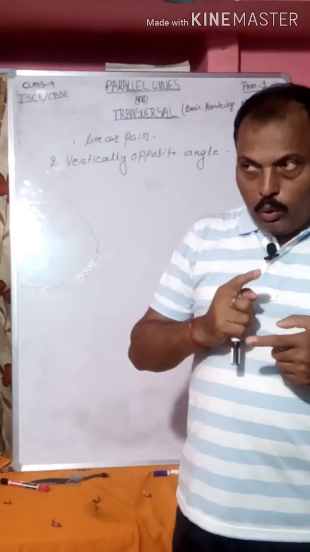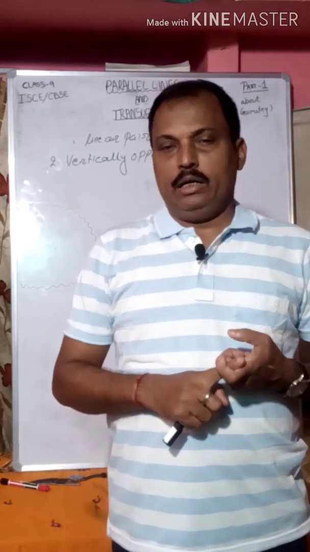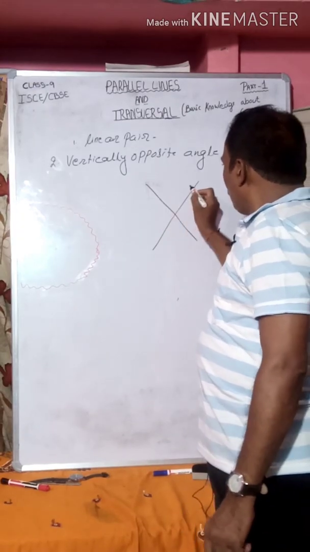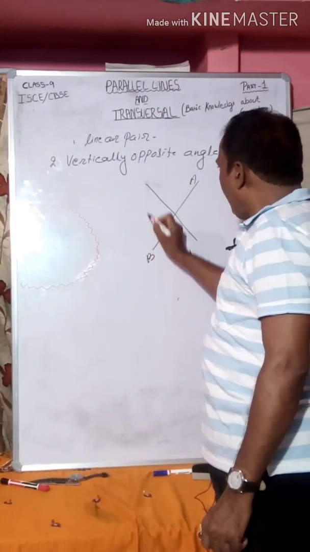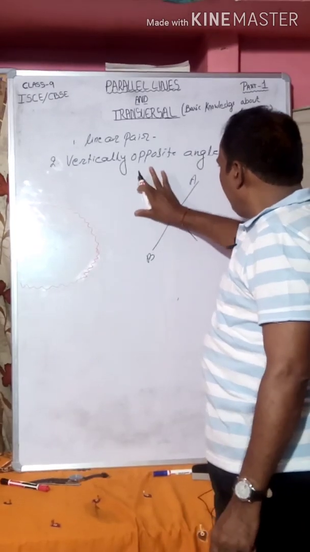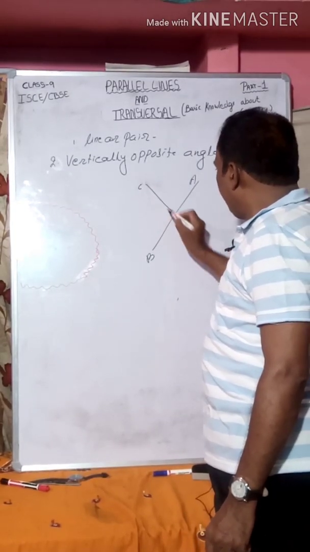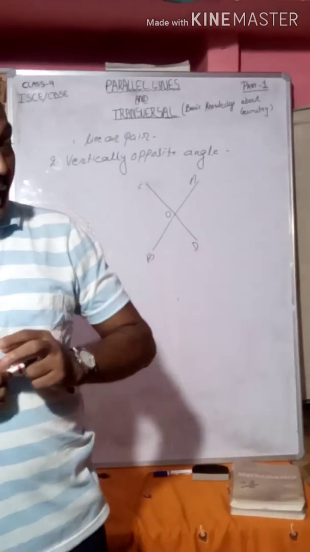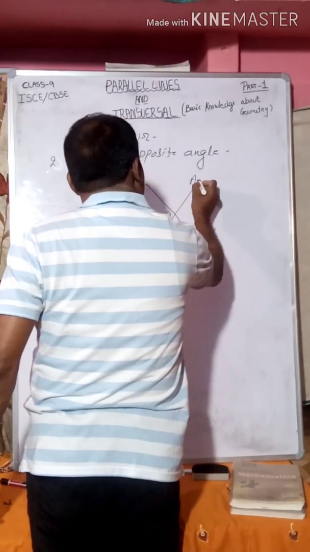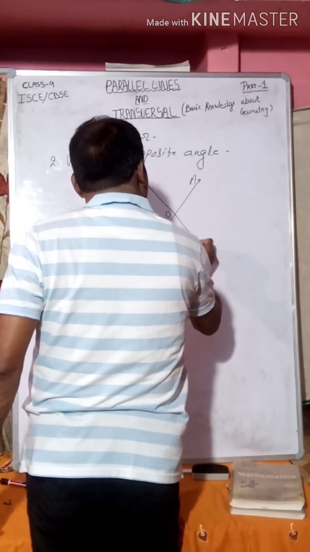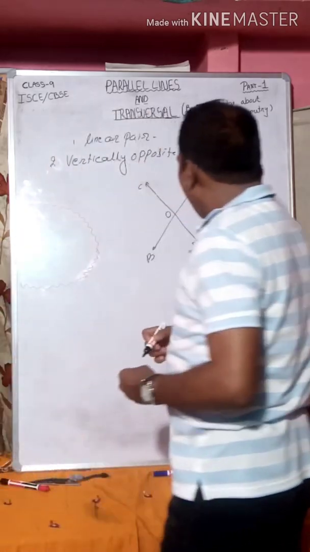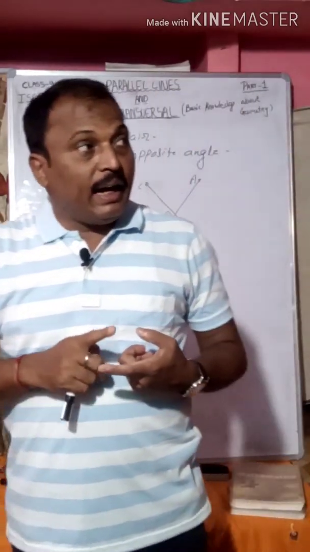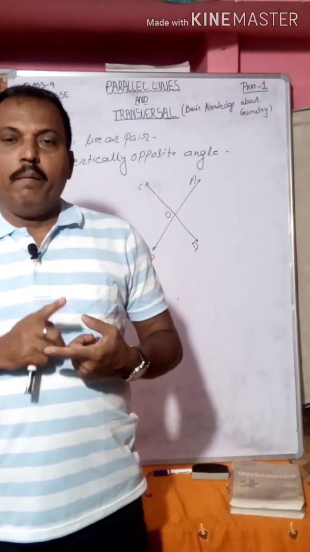When two lines intersect at a point, suppose this is line AB and this is line CD, and they intersect at point O. How many angles are formed?